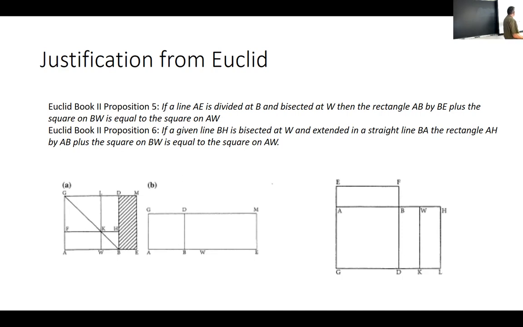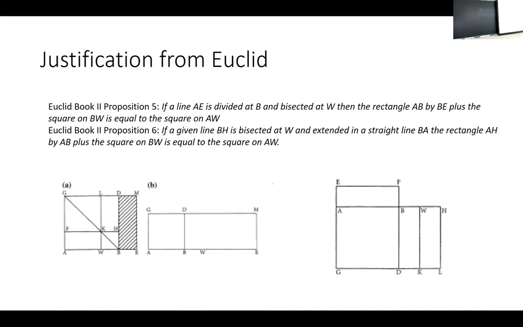And the idea is that you can come up with a similar picture of this for this situation right here. And proposition 6 says that if a given line BH is bisected in W and extended in a straight line BA, the rectangle AH by AB plus the square on BW is equal to the square on AW. So this is a little bit different.